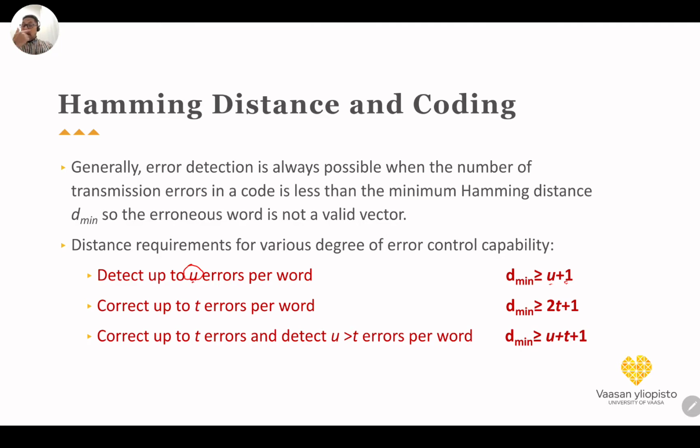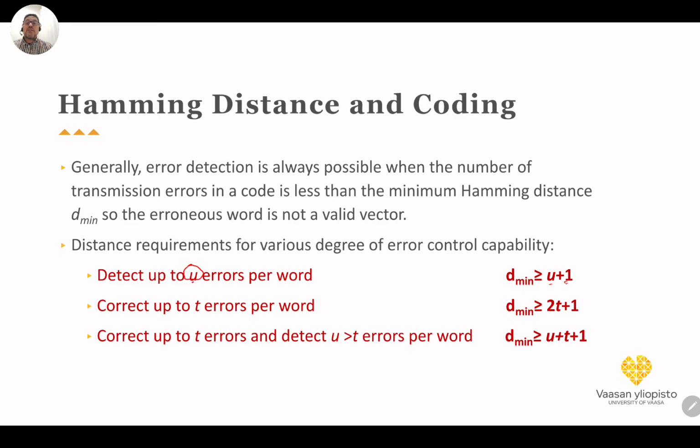Okay, and if you want to guarantee that you detect t errors and correct u, which is greater than t errors per word, then the minimum distance should be u plus t plus 1. For example, if you want your code to be able to correct one error, but it should at least detect 3 errors, then the minimum Hamming distance must be 3 plus 1 is 4 plus 1, 5.